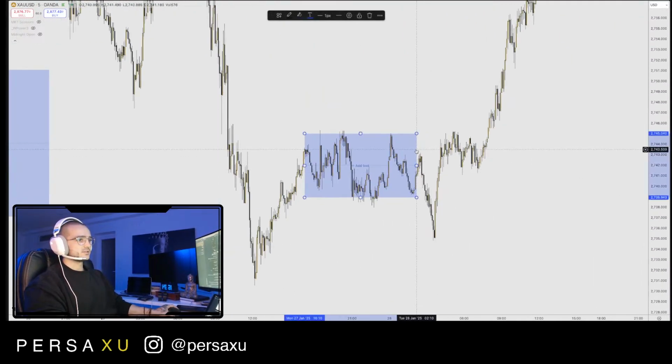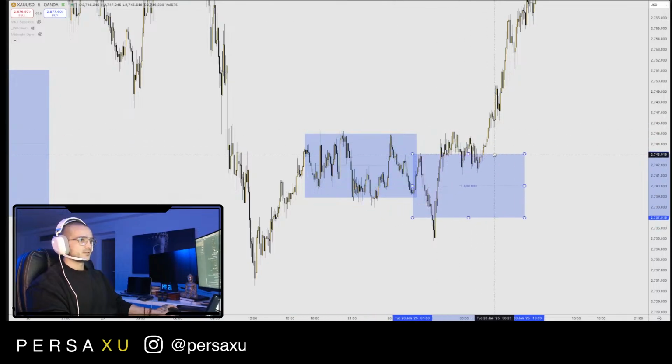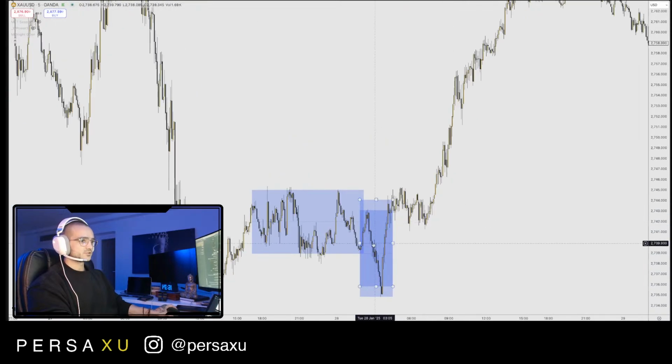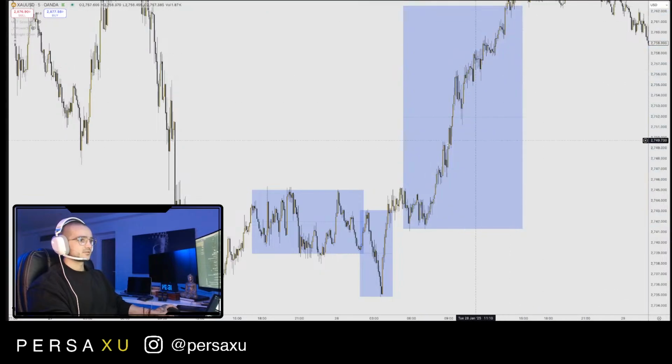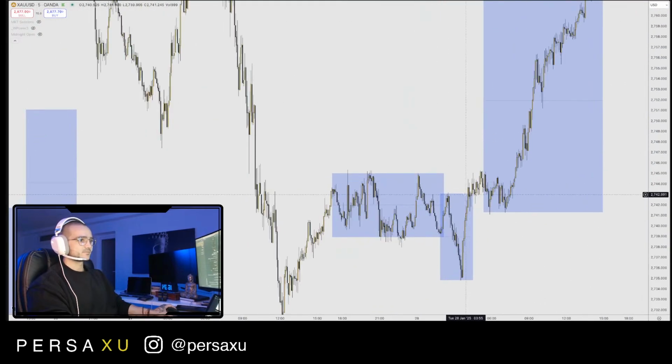This is the consolidation. That V shape is the manipulation. And then you have that strong distribution. Okay, you see that?